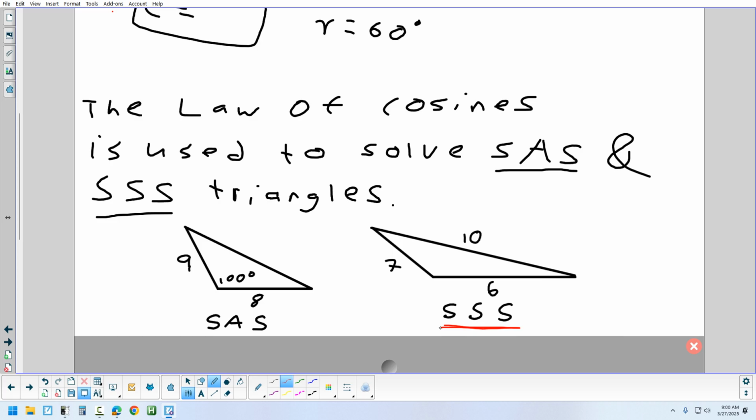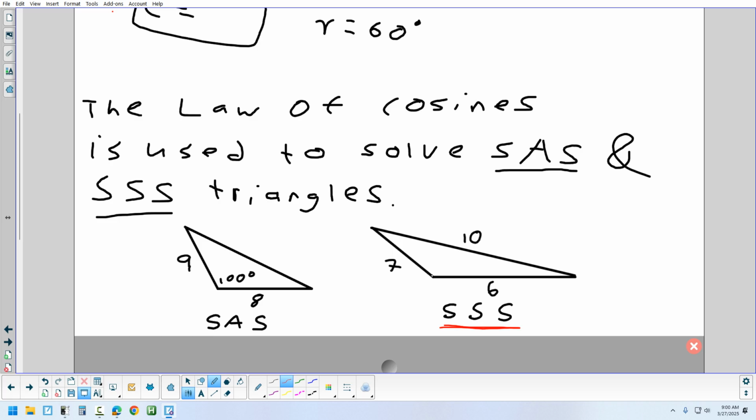So that would be impossible. But this is one that would work because 7 is bigger than 6, 16 is bigger than 7, and 7 plus 6 is 13, and that's bigger than 10. So it is doable to make a triangle with those sides. So checking for no solution, that's very, very quick. All right, that's what I always do first on side, side, side.